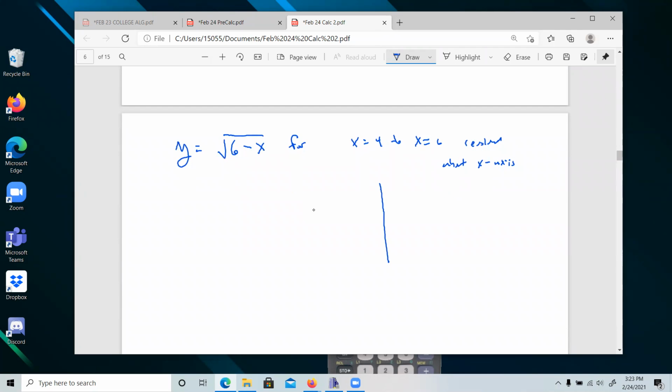Okay. So we've got 6 minus x, so we've got a horizontal thing going on here. That's going to be 2, 3, 4, 5, 6. Okay, because if x is 6, we have 0. And then we're going to draw our square root. Okay, so we go from 6 to 4. All right, so we're trying to figure out the surface area of this thing revolved around the axis.